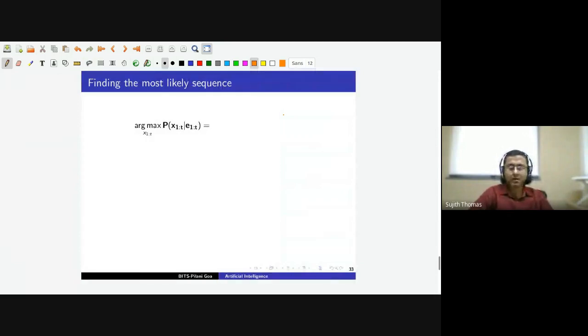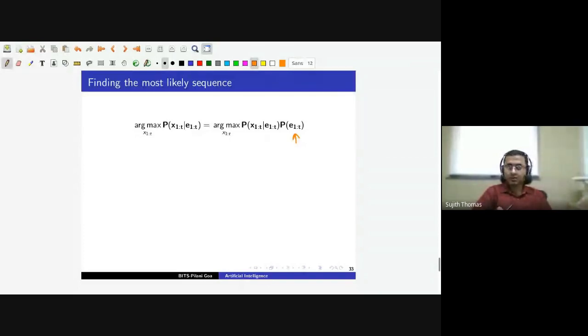So we will make one simplification. As we said, we want to maximize this conditional probability, find a sequence that maximizes this conditional probability. What we will do is multiply this value by the probability of observing this evidence. What is the probability of observing the evidence that we have observed? Actually, this will depend on the transition model, the sensor model, and the prior probability of the state variable x0.